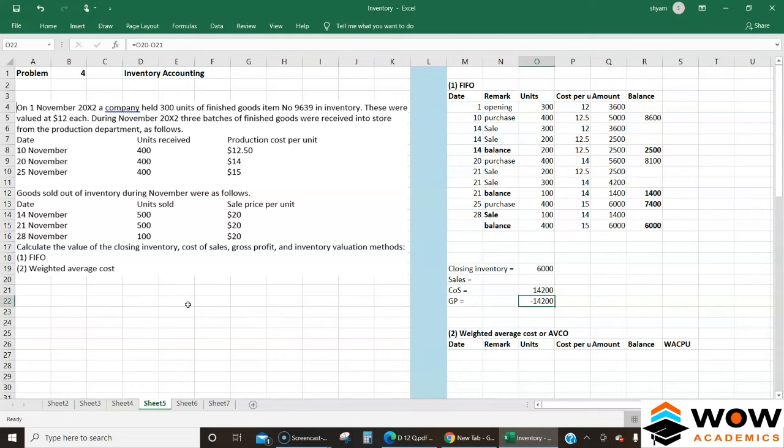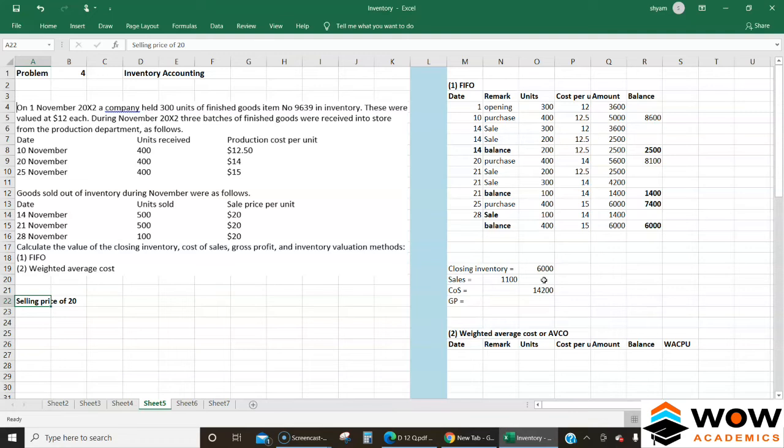So without that we can't find out the GP as well as the sale. Okay, if you want we could take some number. The total sales units have been 1,100 units. So we'll assume a selling price of 20, we'll just assume it.